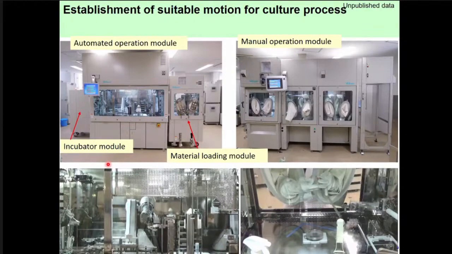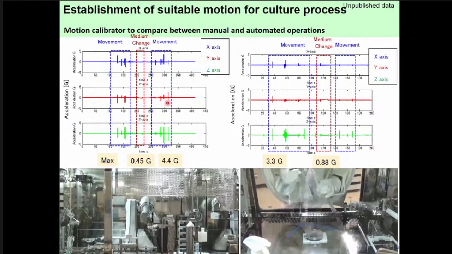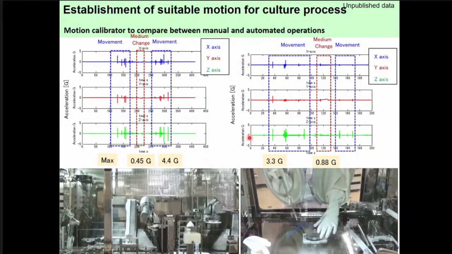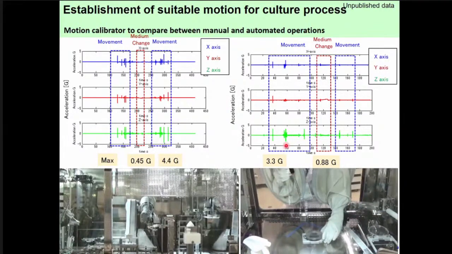After measuring the operation motions, we compare. Maybe it is small and you cannot see the values, but the y-axis is the gravity force for the x, y, z axes. And maybe you see many peaks, especially for the z-axis, where high peaks exist. The maximum gravity force is 3.3 G.